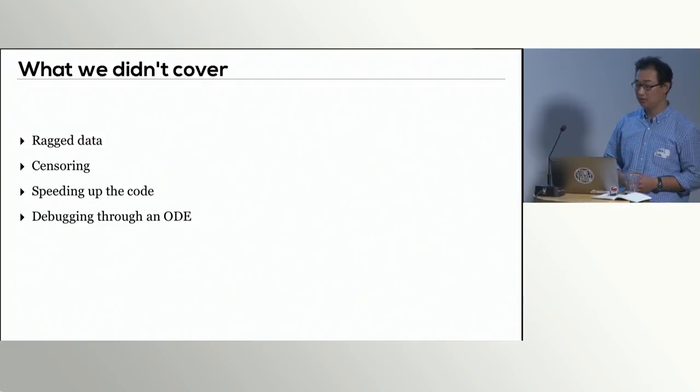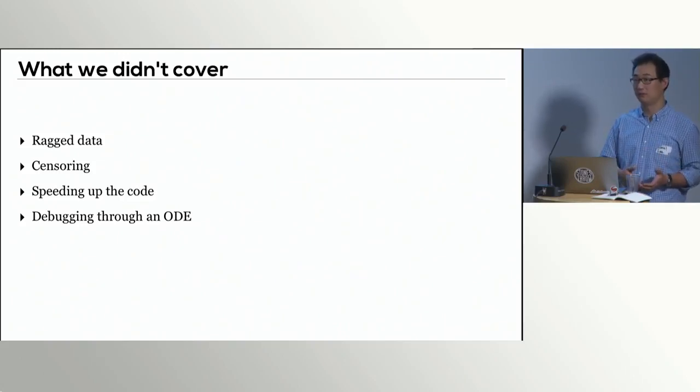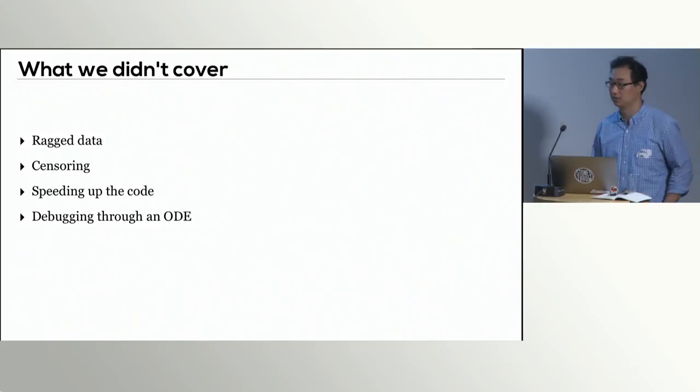We didn't cover a lot of speeding up the code. The ODE function gets called many, many times to do the solving, so obviously if you do things inefficiently within that function, it's going to reflect on how slow it goes. There are other tricks, like you can reparameterize the ODE itself, like do it in log space if you are very careful with your math.